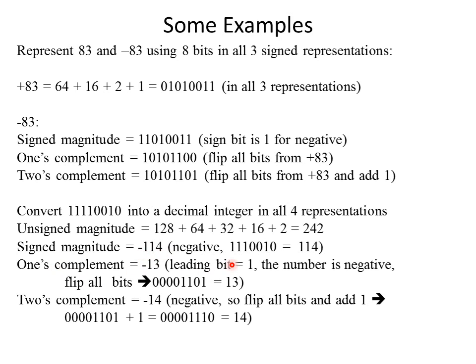Similarly, for 1's complement, the leading bit is 1 and the number is negative, so flip all the bits, and it becomes 13. After flipping all the bits, if we add 1, then it becomes 14.